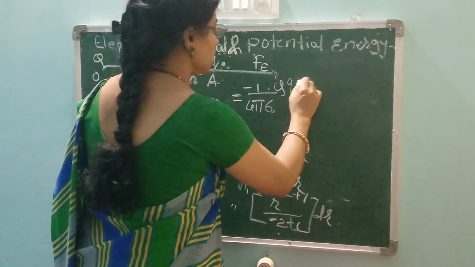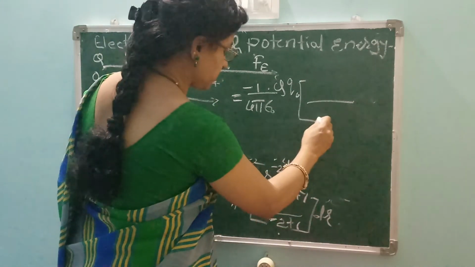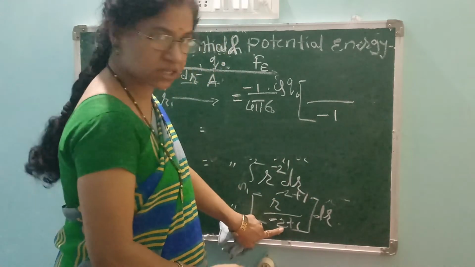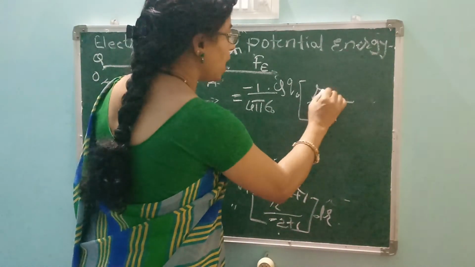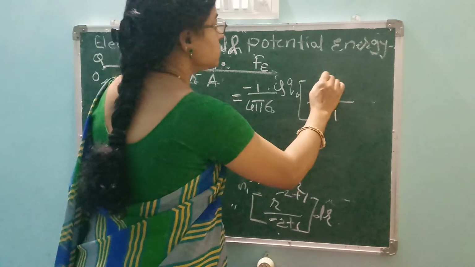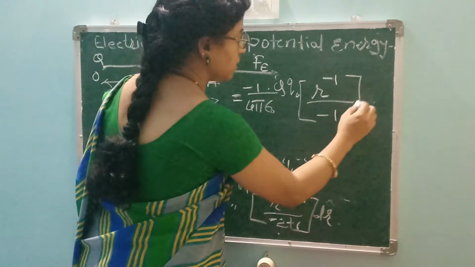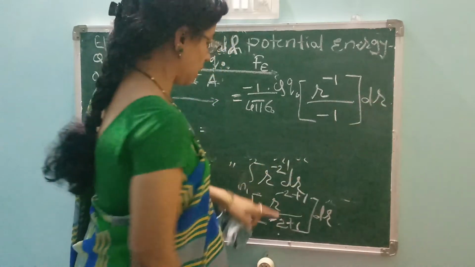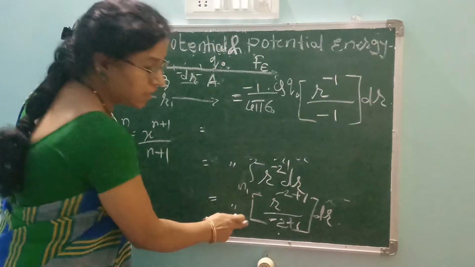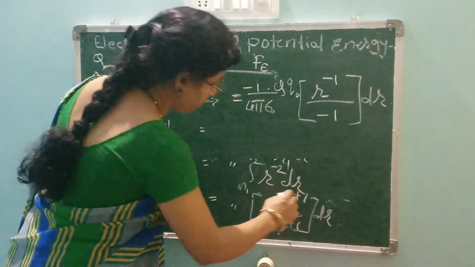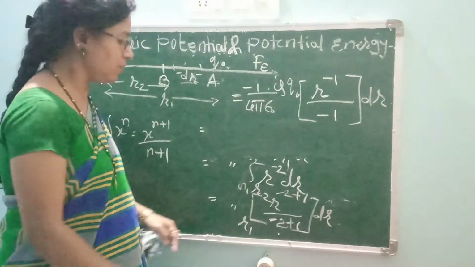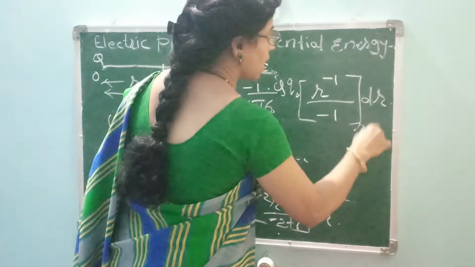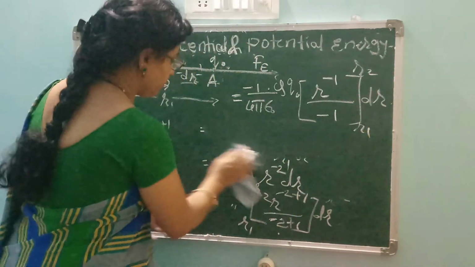Now see here students, यहाँ हमारे पास में क्या हो गया -1, नीचे का सॉल्व करने के बाद it is the -1, ऊपर में क्या हो रहा है r to the power -1 and dr, and the integration limit is from the initial position to the final position, that is r1 and r2.